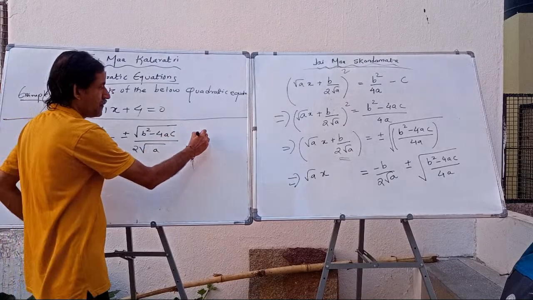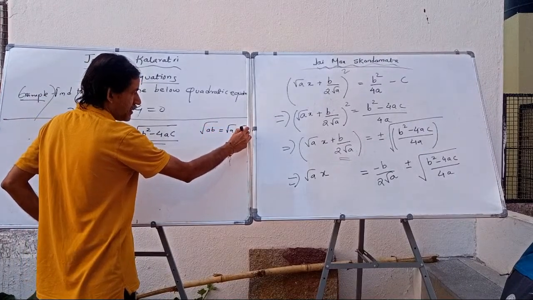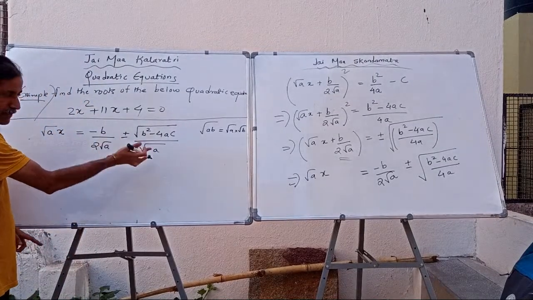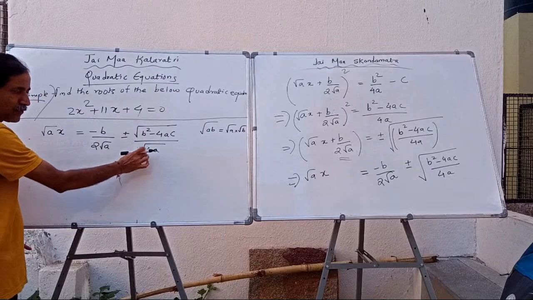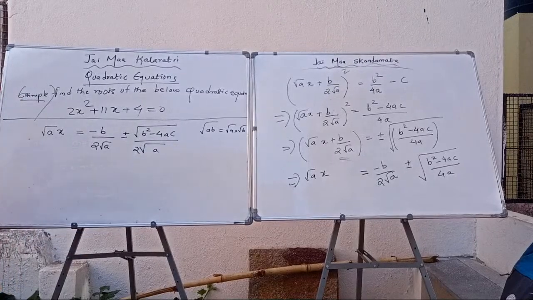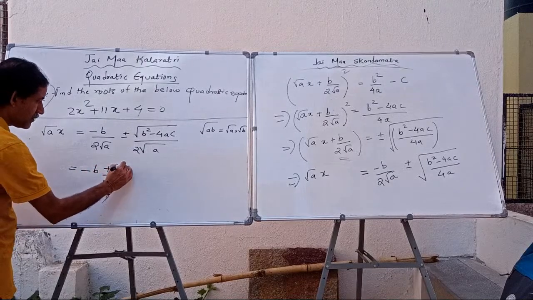See, square root of AB is equal to square root of A into square root of B. Yes. The square root of 4A is square root of 4 into square root of A. The square root of 4 is 2, so 2 comes out. They both are the same now. Denominator, I can add the numerator straight away. No need to find LCM.